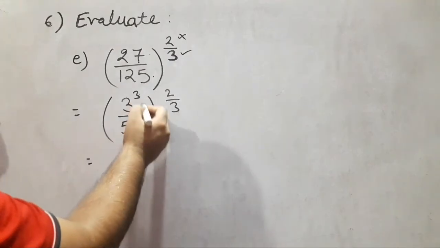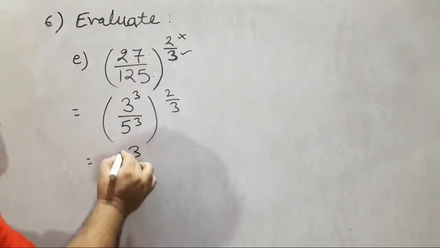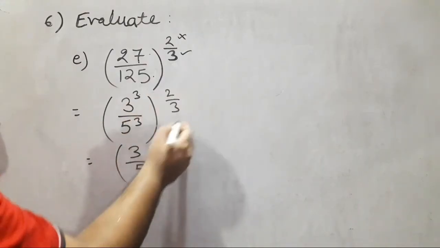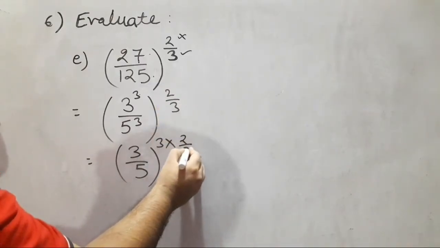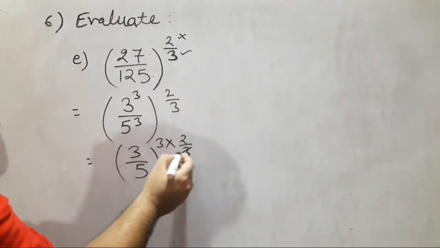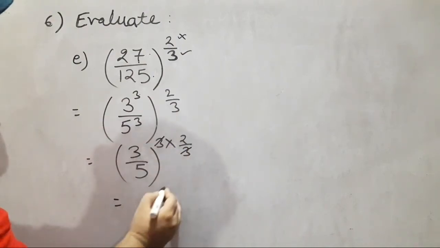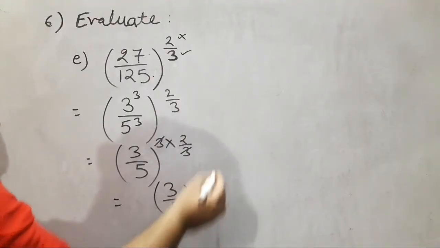Now we can take this power 3 common and send outside, 3 by 5 bracket. The 3 shall be common. It will go outside and get multiplied with 2 by 3. The 3 of the denominator and the 3 of the numerator shall get cancelled. We shall get 3 by 5 bracket power 2.